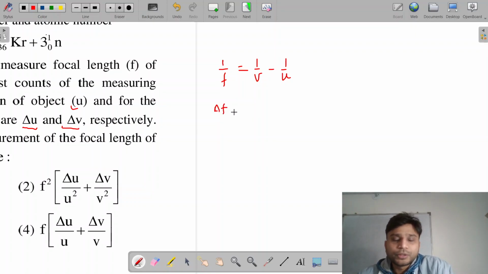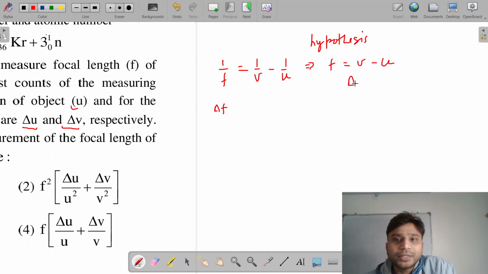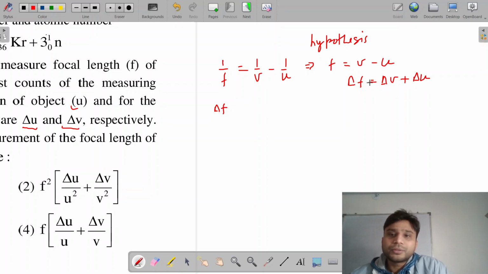Hypothetically, let's say the expression was f is equal to v minus u. Then the error in focal length would have been a simple addition of the error in v and the error in u. So can we apply the same kind of expression here?